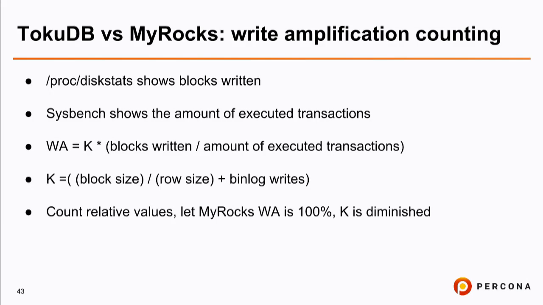Here's the try at read-write tests to measure write amplification for both storage engines, and it's not very honest because of two reasons. The first reason is we turned on binary logs, and that's why the absolute numbers are useless for us, and we decided to use relative numbers.